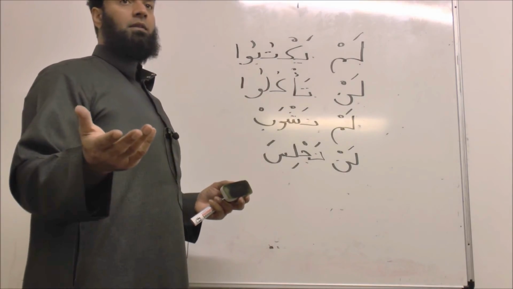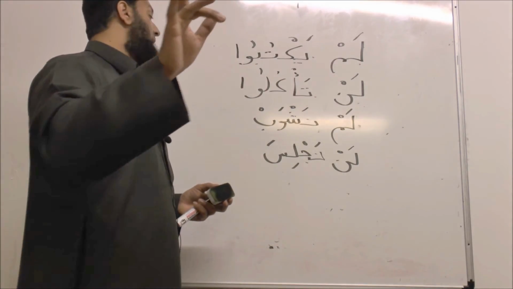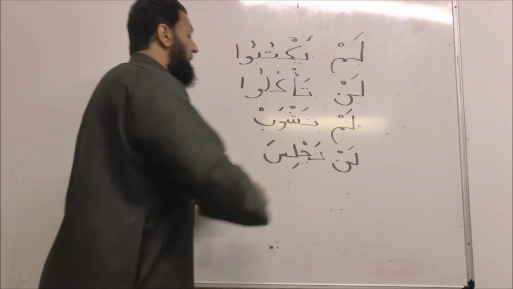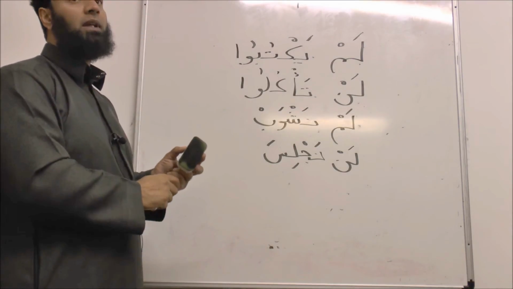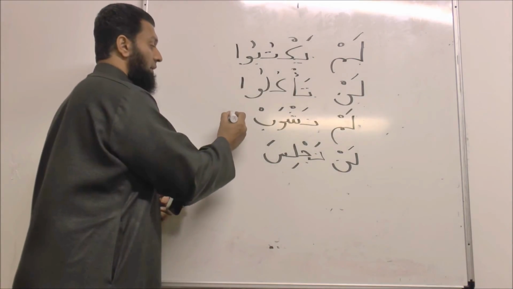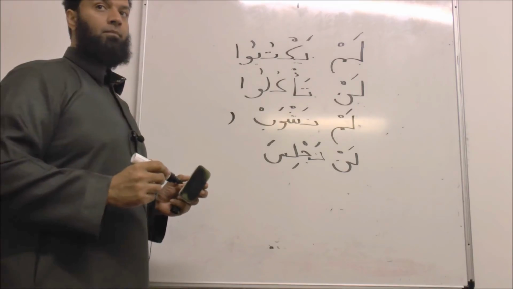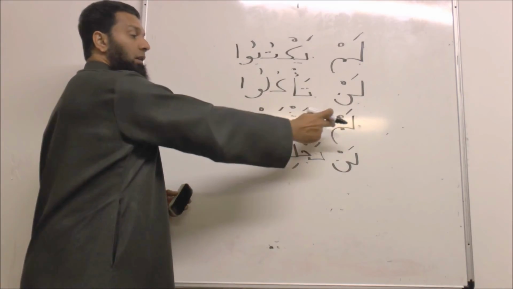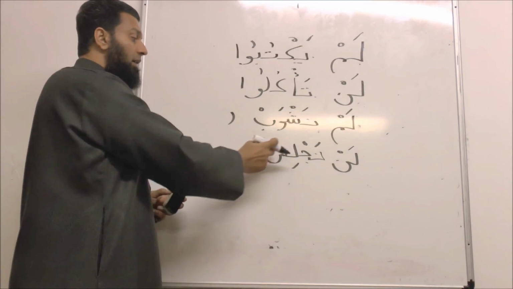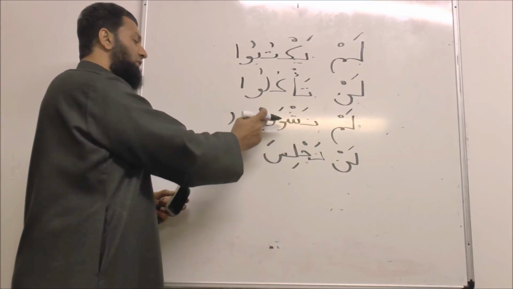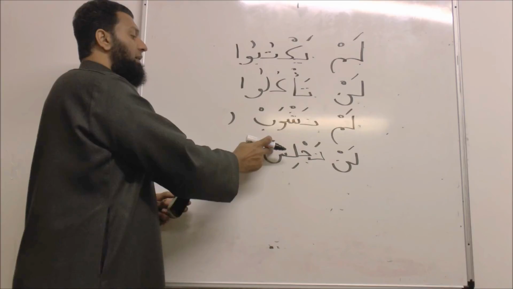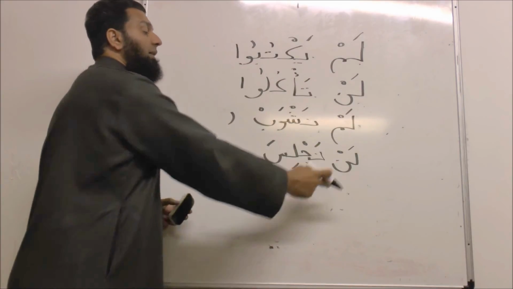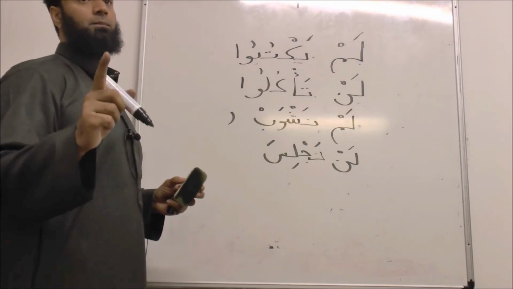So remember that where your fi'lun ordinarily would end with a dhammah, that's easy. It becomes majzumun with a sukoon when you have a lam, and mansubun with a fatha where you have a lan preceding it.